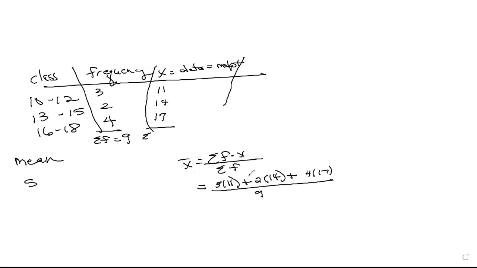So if I do that 3 times 11, and then I do that 2 times 14, and add all those up, let's see what we get. Looks like I get 129. So if I get 129 and divide it by 9, looks like I get about 14.3.